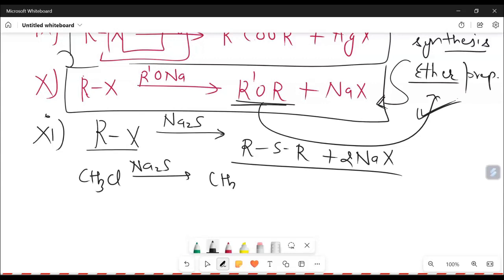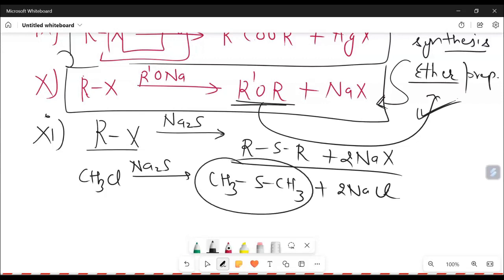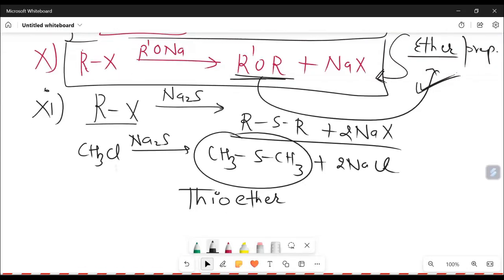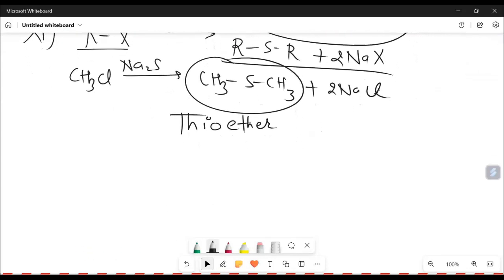It will form CH3SCH3 plus 2NaCl. So this is known as thioether. RSR is thioether. So you can remember that also.